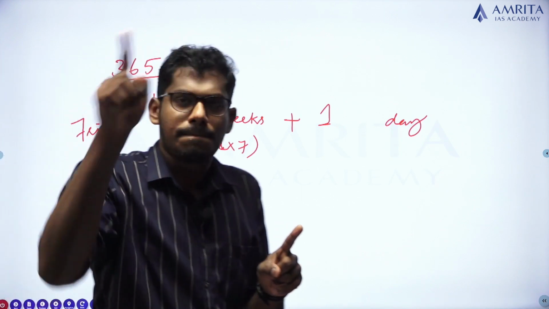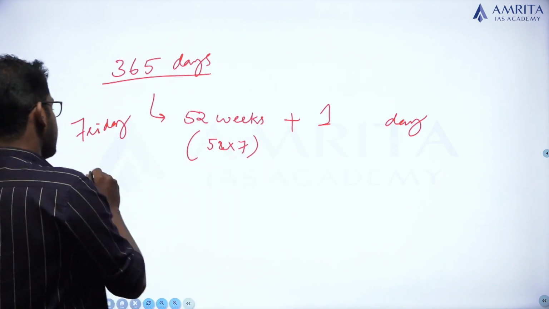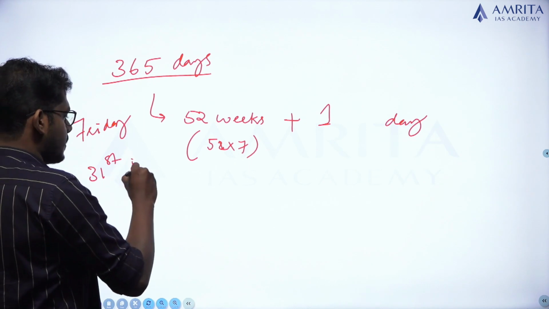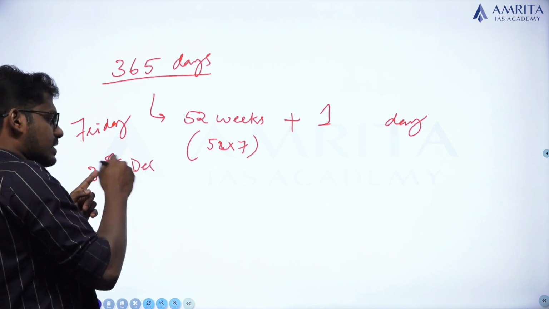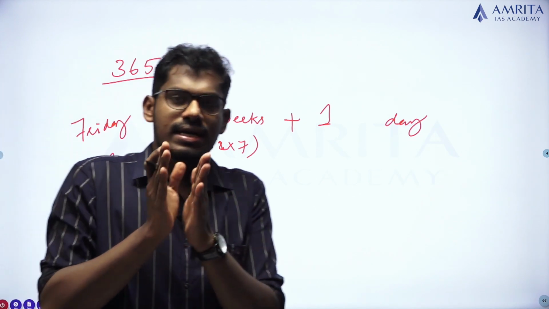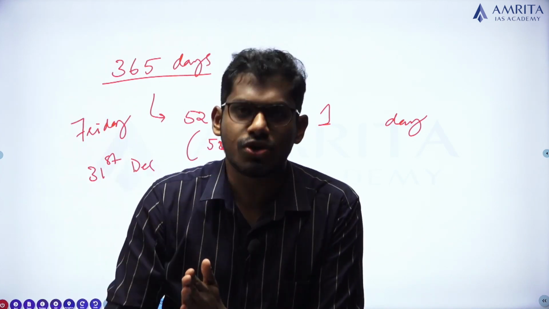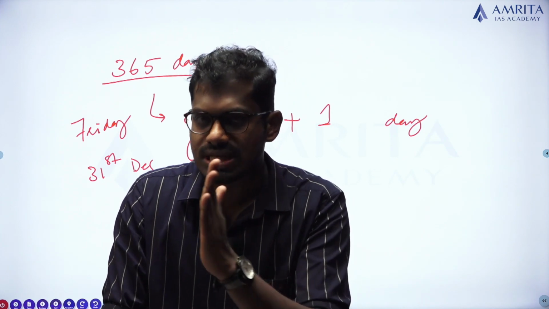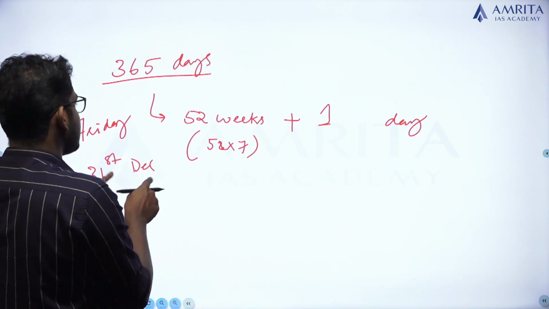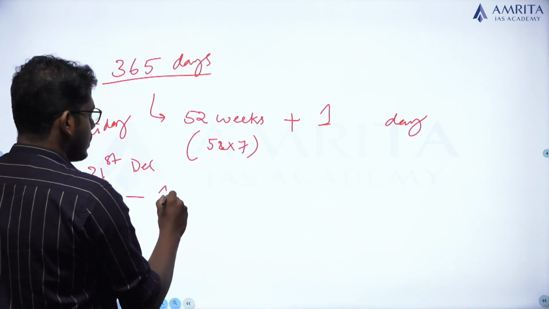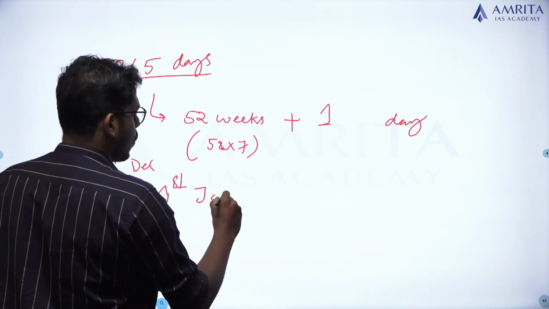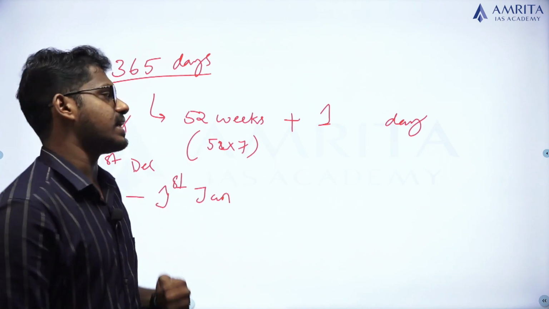52 complete weeks indicates, if Jan 1st of a normal year falls on Friday, then 52 complete weeks in the sense the 31st of December completes the 52 weeks. So 31st December will fall on the same day as 1st January of that year. I am repeating once again.